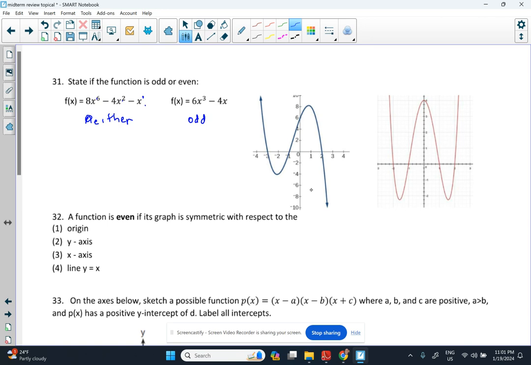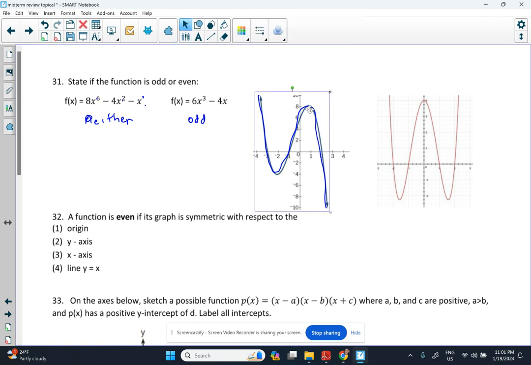And it's even if the function's symmetric with respect to the y-axis. Well, we see this is not symmetric with respect to the y-axis, but we also know that this is not symmetric with respect to the origin.